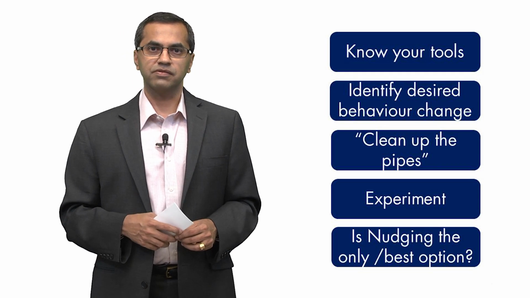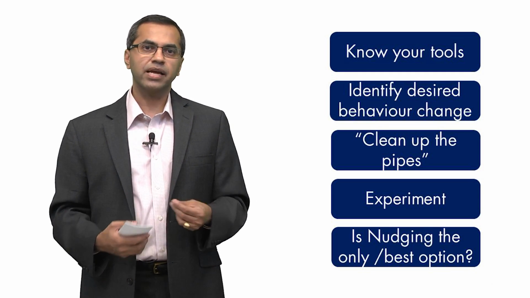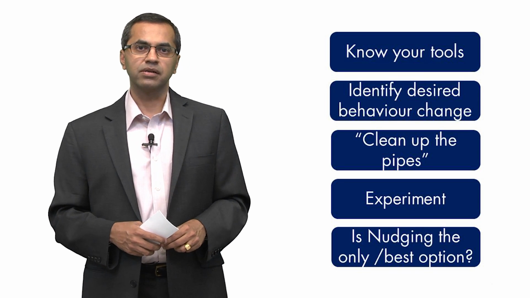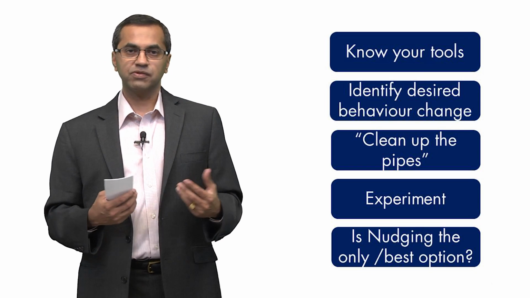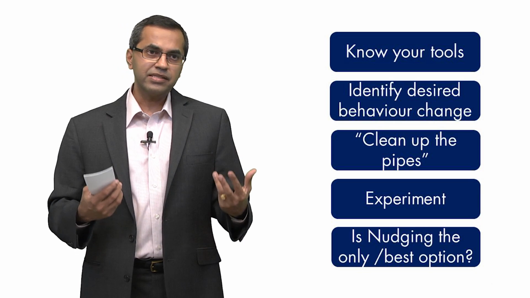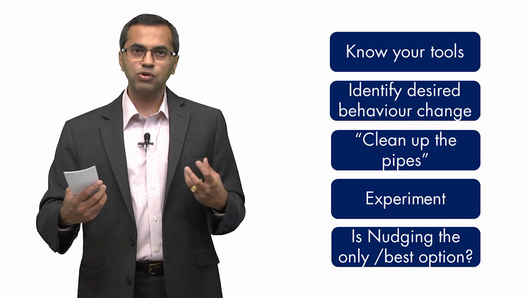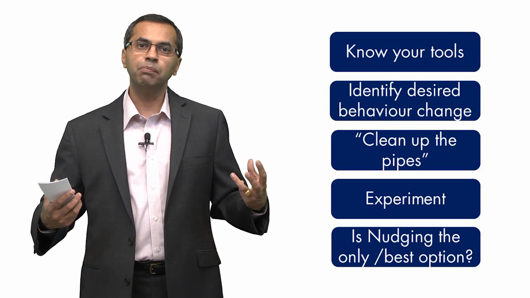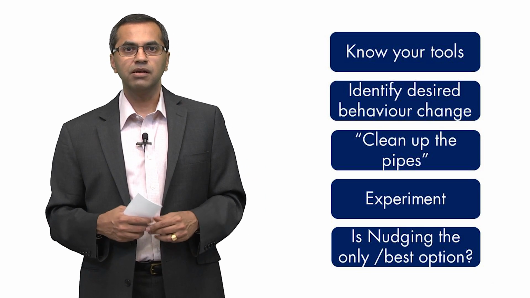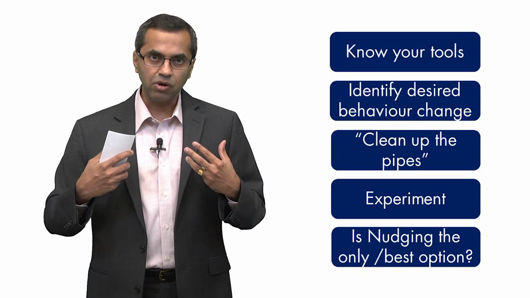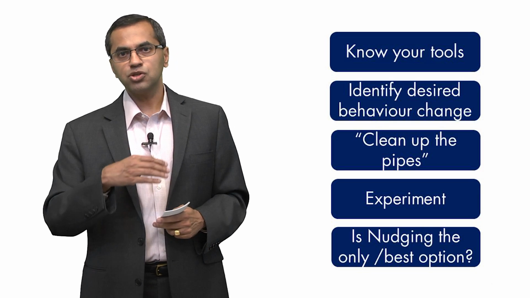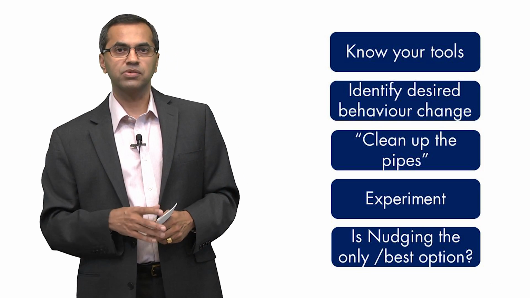Are there other alternatives? Is it the case that perhaps an economic incentive is better than a nudging incentive? As we said before, it is always a mistake to think about the four strategies of behavioral changes as competing against each other. We need to think about having them collaborate to make sure that we end up with the kinds of outcomes that we want.